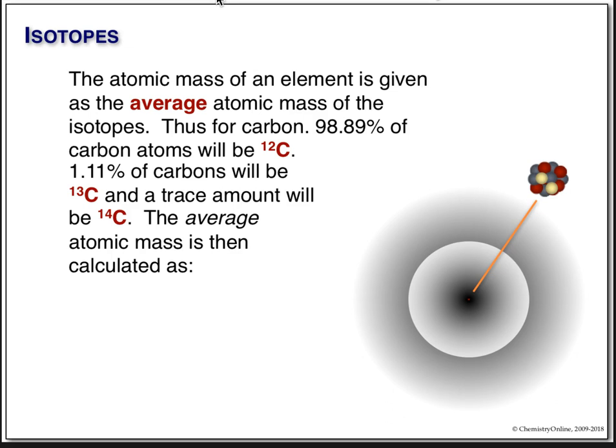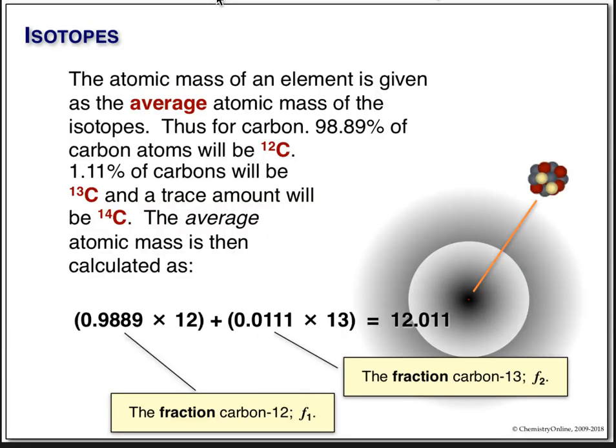For carbon, it turns out about 98.89% is 12, 1.1% is 13, carbon 14 is so minuscule you can't even measure it easily. So to calculate the average mass, what you would do is this calculation. This is the fraction of carbon that is 12, that's percentage over 100, times mass.